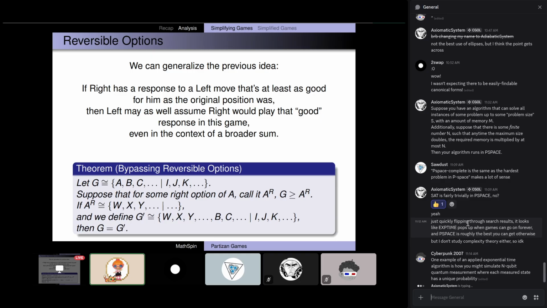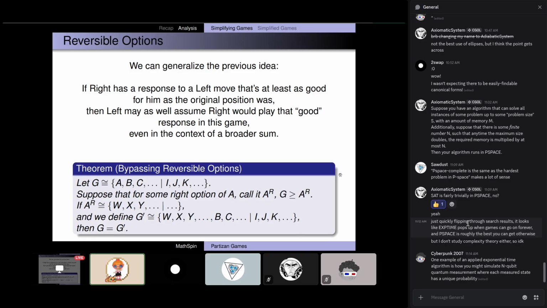But good thoughts, and as I said, the so-called hyper-comparable games, which happen to be the numbers, are very important theoretically. There are a bunch of theorems about numbers and things like that that are beyond the scope of this talk.